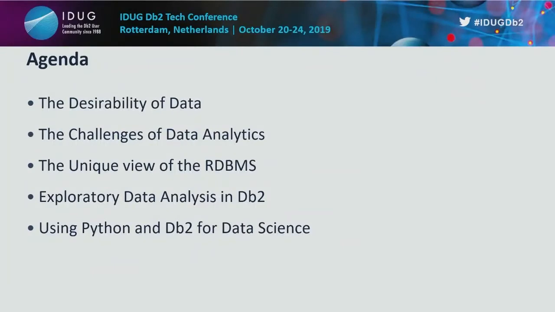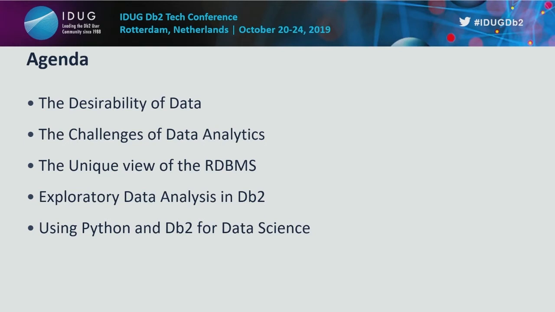From a topics perspective, it's really around 5 central topics. The first one is: why is data such a hot commodity at the moment? I think we all know why, but it's useful to go back over it, and also address some of the challenges around doing data analytics. These are evolving. Some of them are practical challenges and some of them are regulatory challenges.